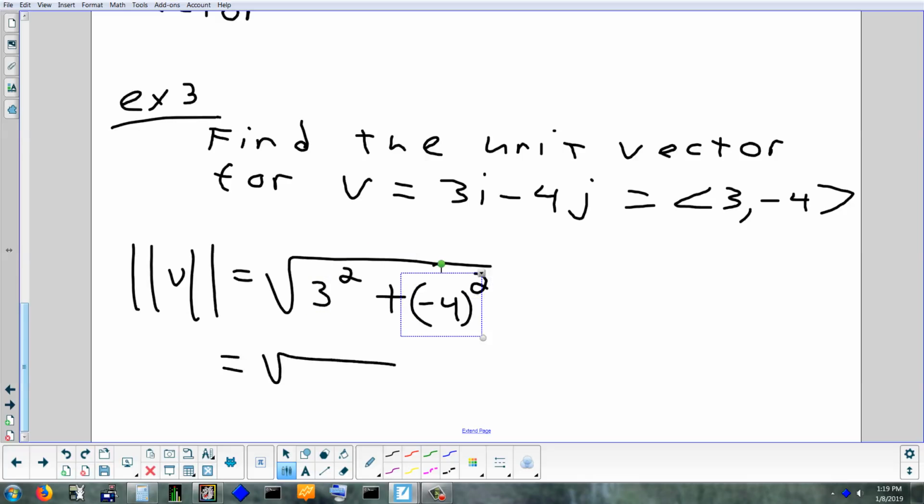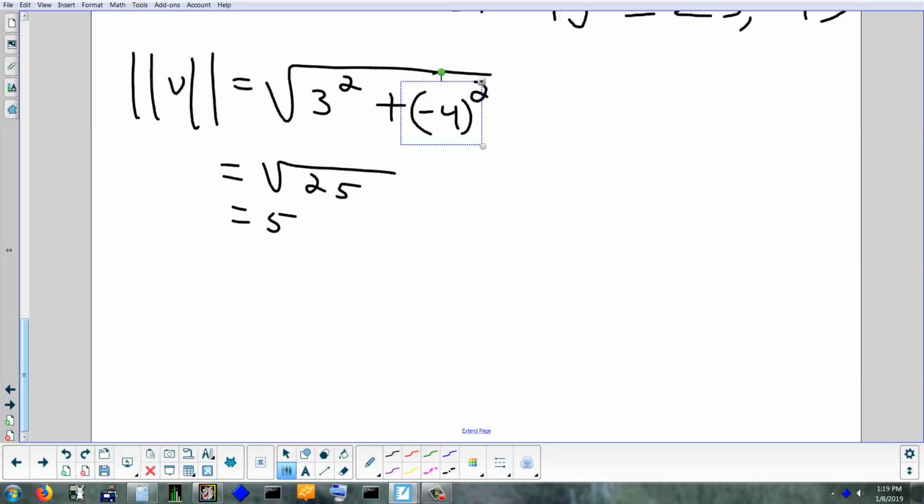What's 9 plus 16? 25. So that means this vector is 5 units long. So what are we going to end up scaling each component by to shorten it? You could either say we're going to divide by this number or multiply by this number. It's 2 different ways of saying it. Elise? 1/5. You're going to multiply everything by 1/5, which is really just dividing everything by 5.